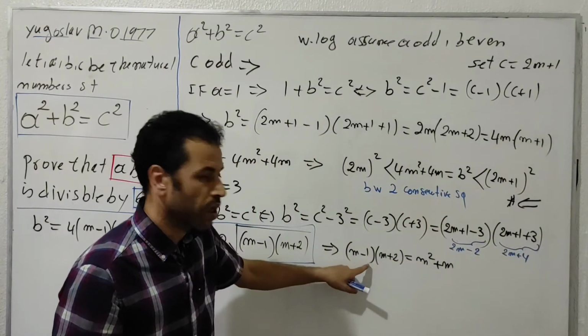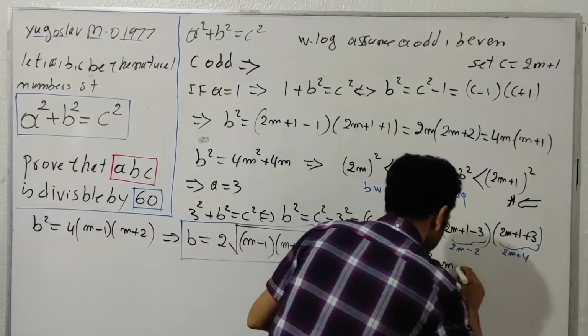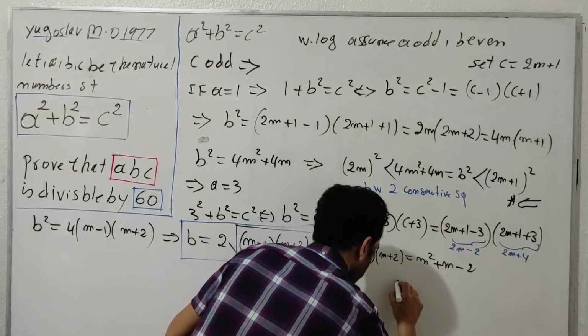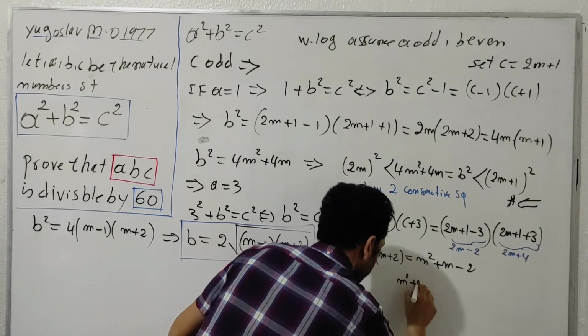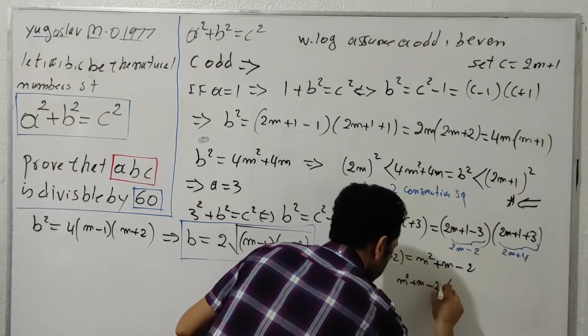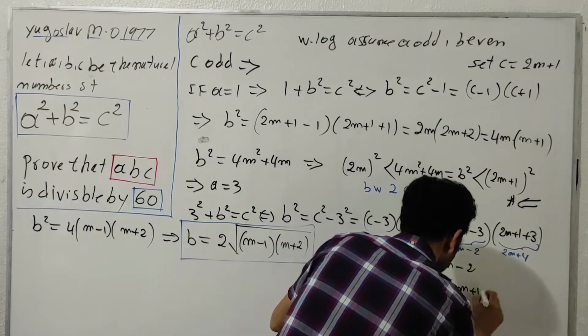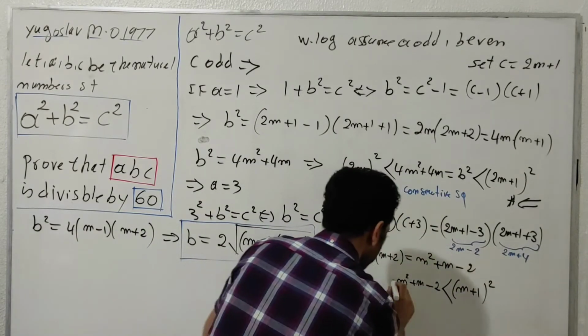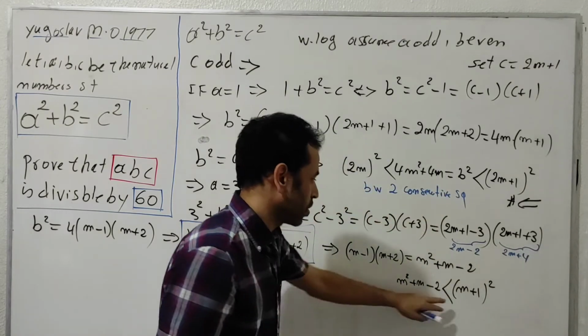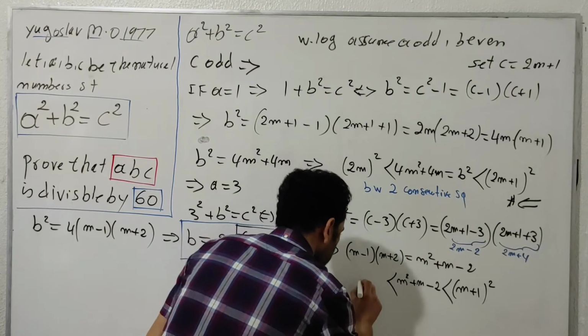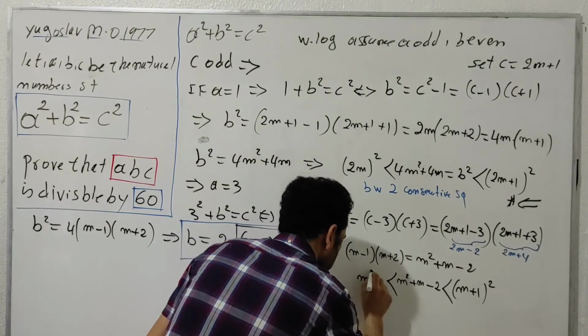So this term, m squared plus m minus 2, is strictly inferior to (m plus 1) squared and strictly superior to m squared.